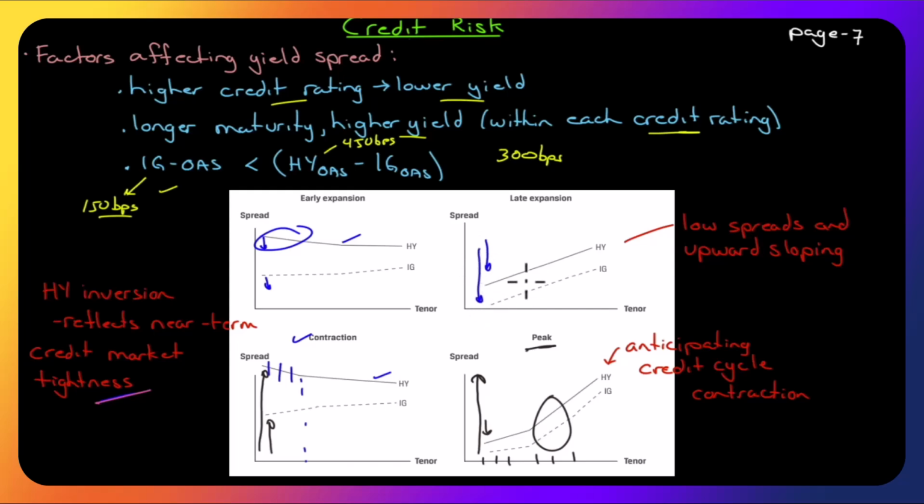Credit spreads drop, and you will have upward sloping curves on both of them. Low spreads, upward sloping, because the longer the maturity, the more risk there is. And then once you get to the peak again, it compresses even more. But we're back to, hang on a second though, they might not be able to survive the contraction. So this is anticipating credit cycle contraction, and around we go.